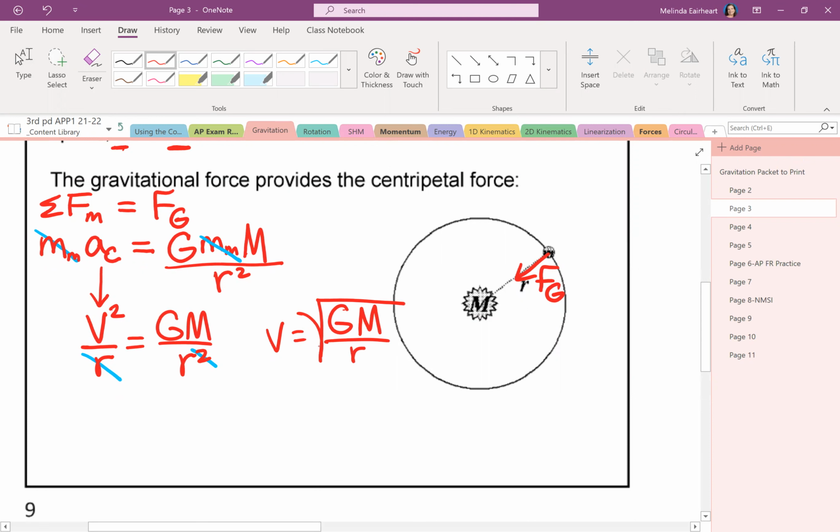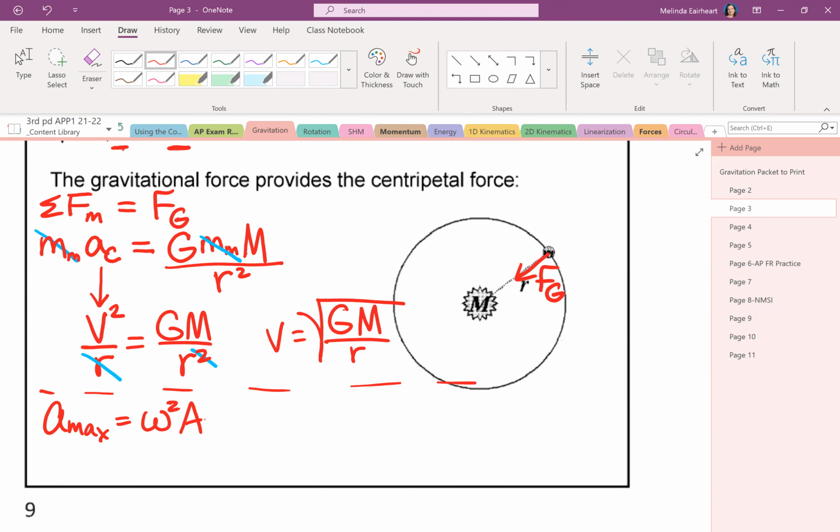Okay. What about omega? I'm going to refresh your memory from over a month ago. Y'all remember we did a lot of connection between simple harmonic motion, cyclic behavior, and circular behavior, yes? Remember, we did A max was equal to omega squared times the amplitude for cyclic, right? So whether it was springs or pendulums, we had derived this equation.